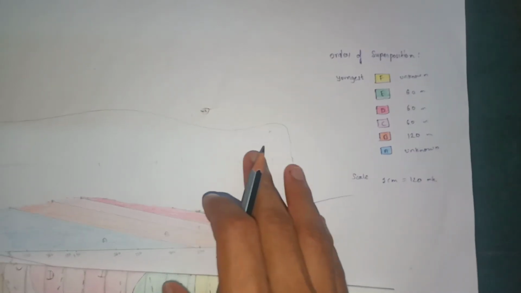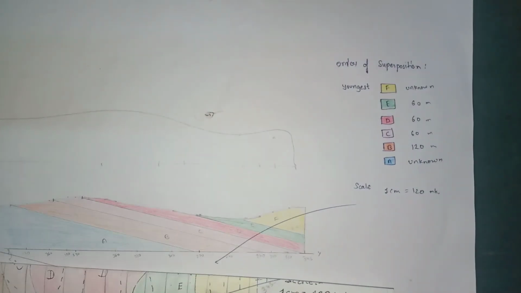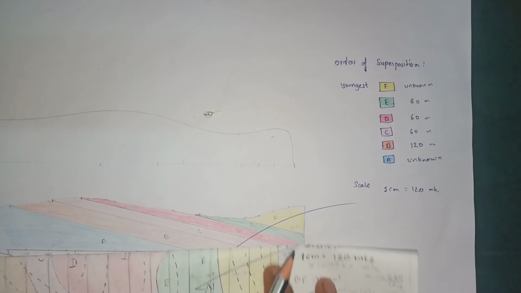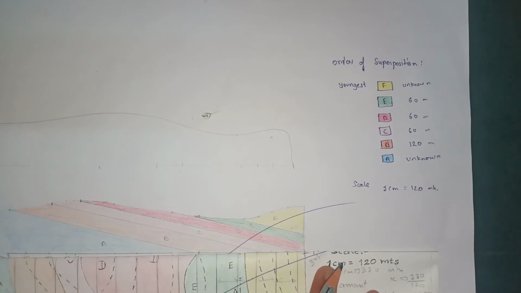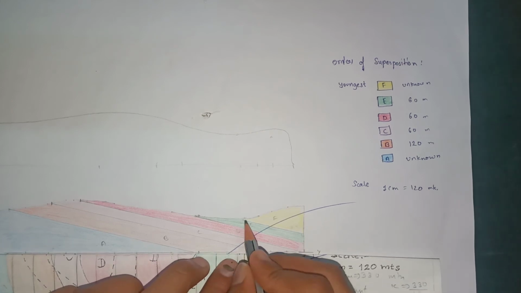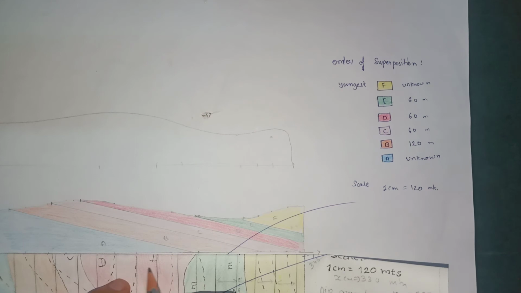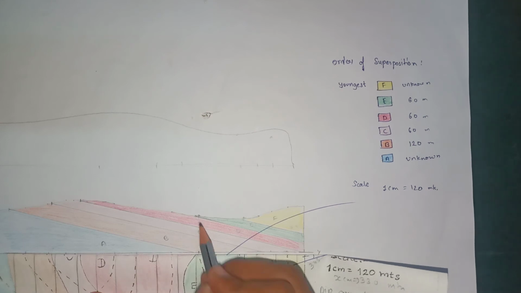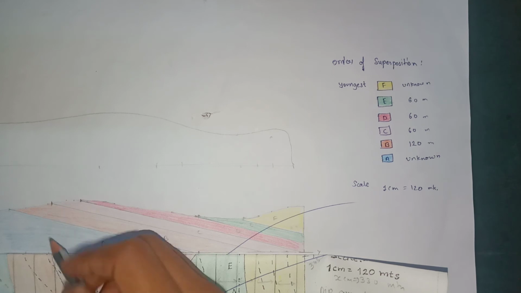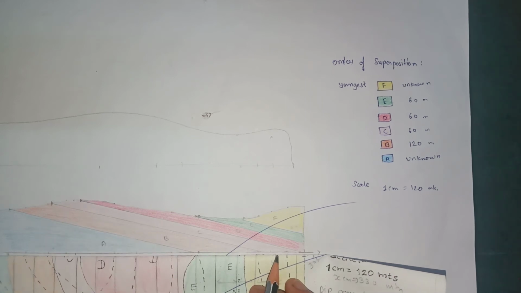now after getting this profile of the contour line, you have to mark the contact lines. Okay, for contact lines, take them in the same way and mark the continuous line here, here, and here.